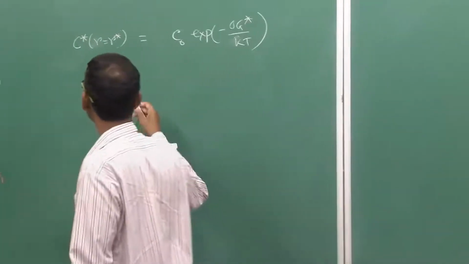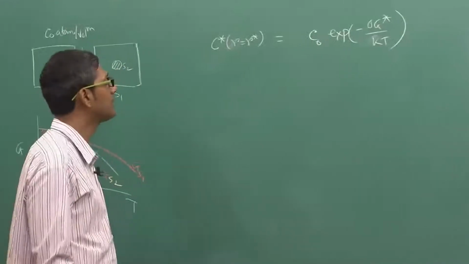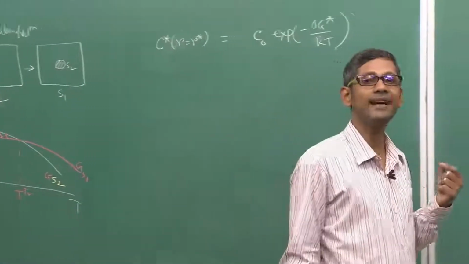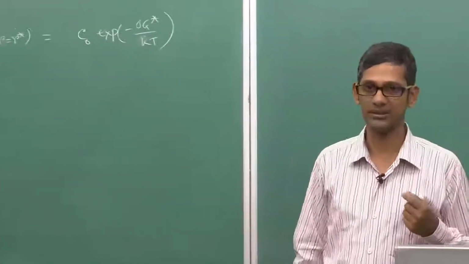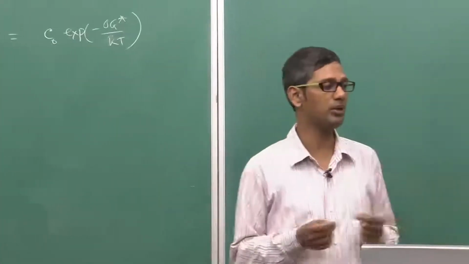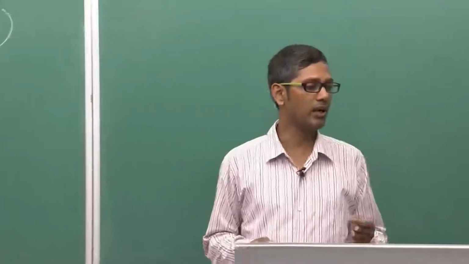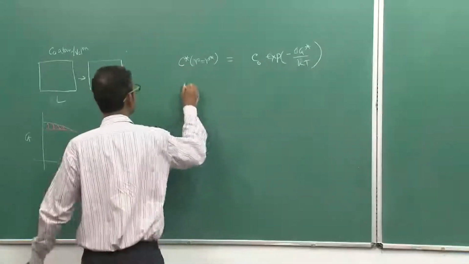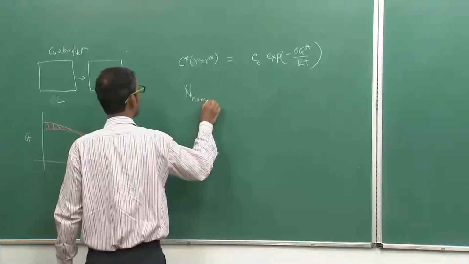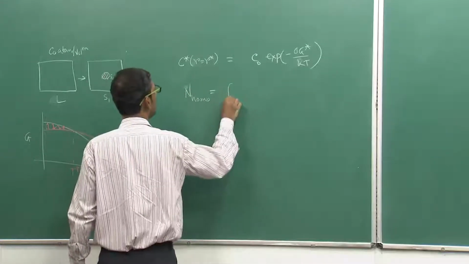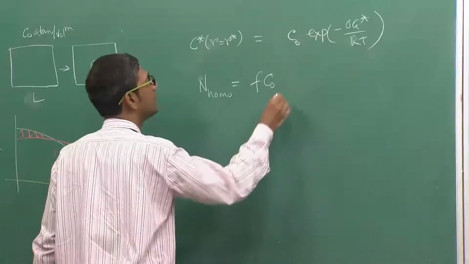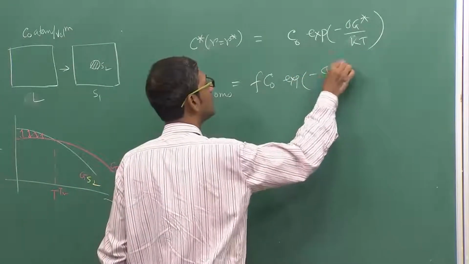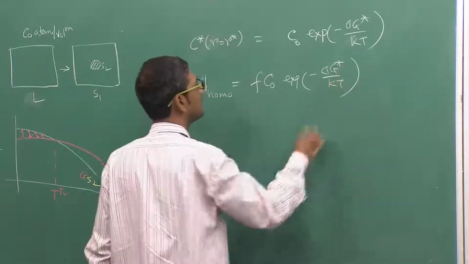So, for that to happen, I need to add only one atom, and this addition will depend upon the frequency of vibrations or frequency of collision. So, I can write down that the homogeneous nucleation rate is equal to f C0 exponential minus delta G star by kT.